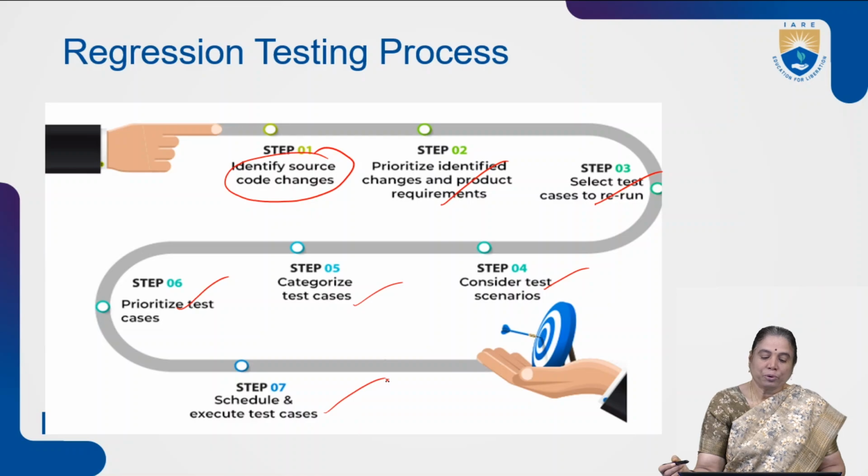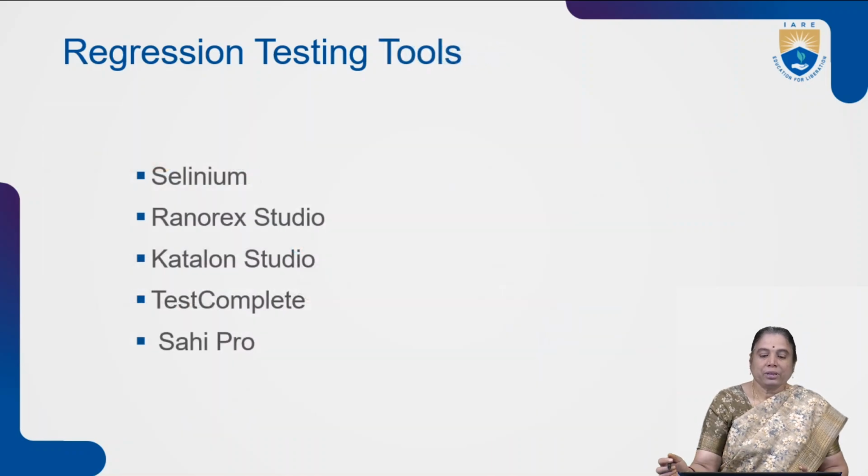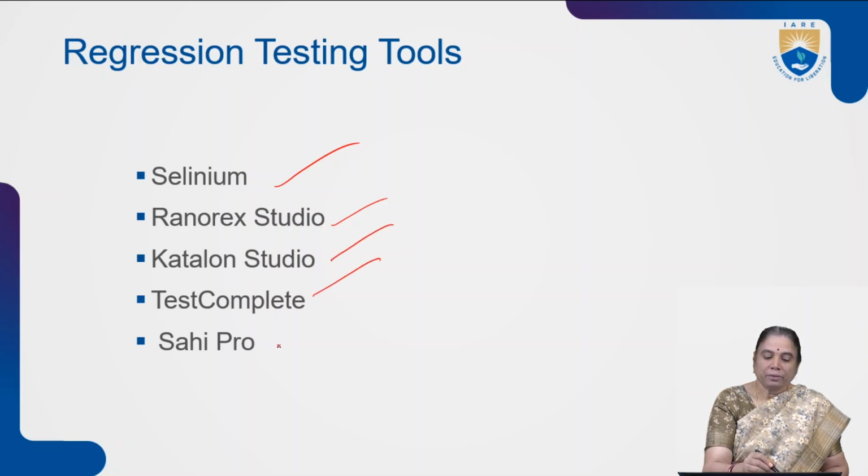Schedule and execute the test cases in order to verify that any unintended side effects are produced by these identified changes. So this is the regression testing process. A variety of regression testing tools are available, like Selenium, Ranorex Studio, Katalon Studio, TestComplete, and Sahi Pro. These are the popular regression testing tools.